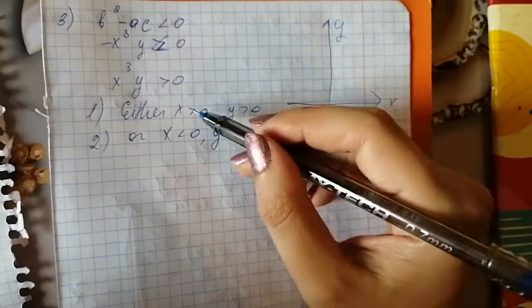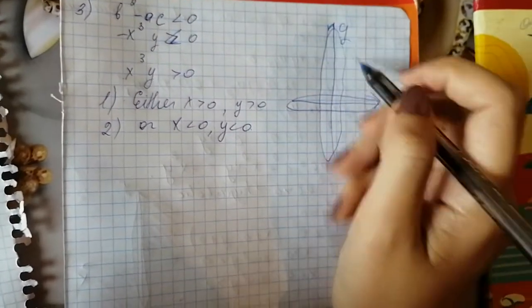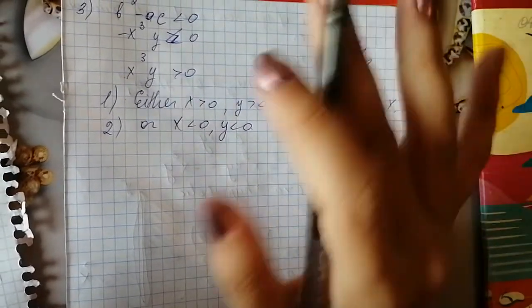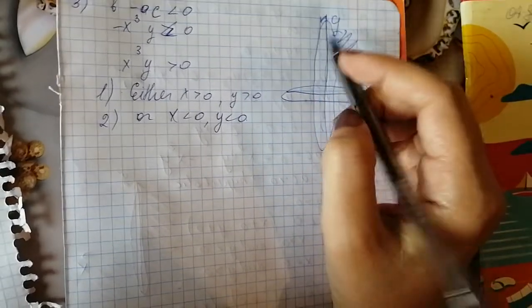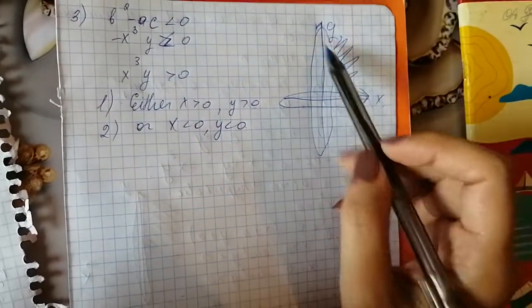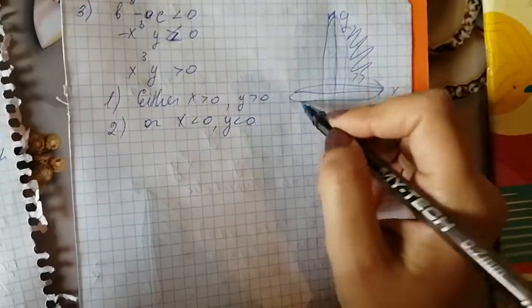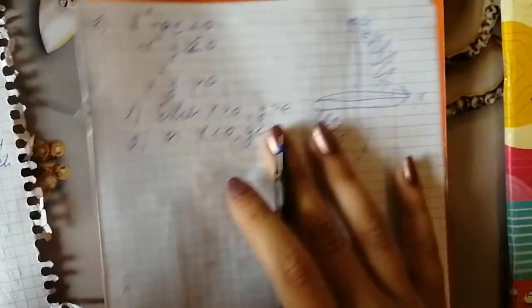It is true at the point x is greater than 0 and y is greater than 0. I mean, x cannot be equal to 0 and y cannot be equal to 0. This is 0 and the bound of it does not belong to our solution. And where x is less than 0 and y is less than 0.